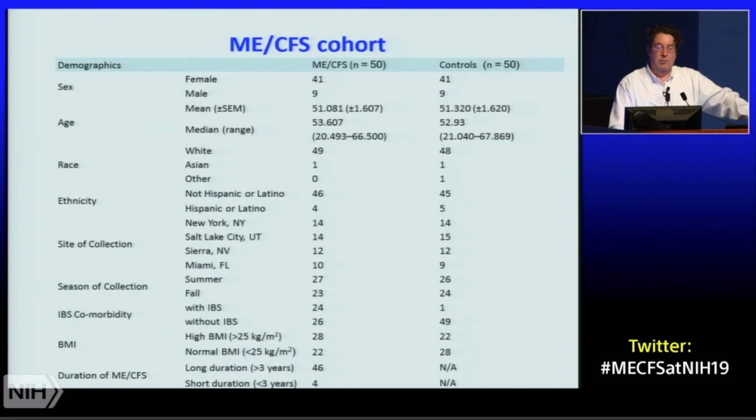We then used in the first test 50 cases versus 50 controls, and we published that last year. And so this is the different types of metadata we got. But you see, we don't get a lot of history. We now understand that there's always a trigger. That could be an infection trigger, could be a stress trigger, could be many different triggers for different patients.